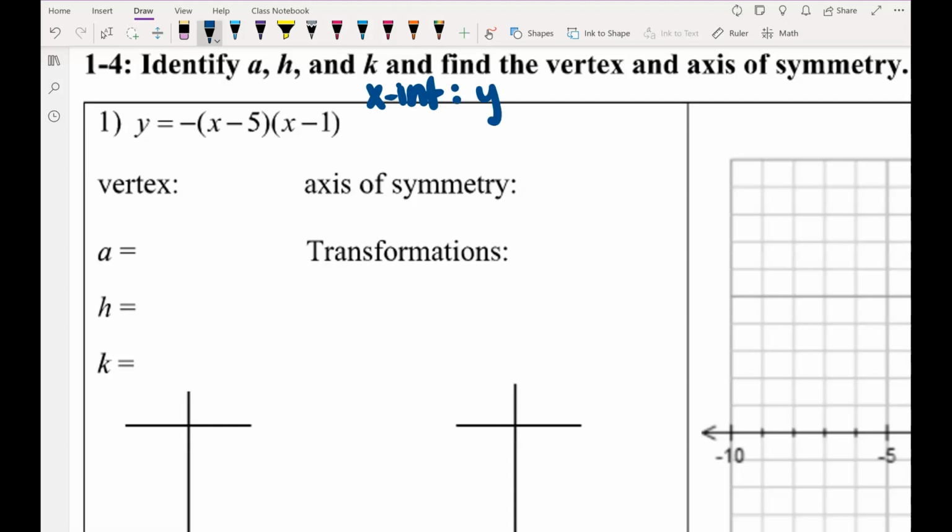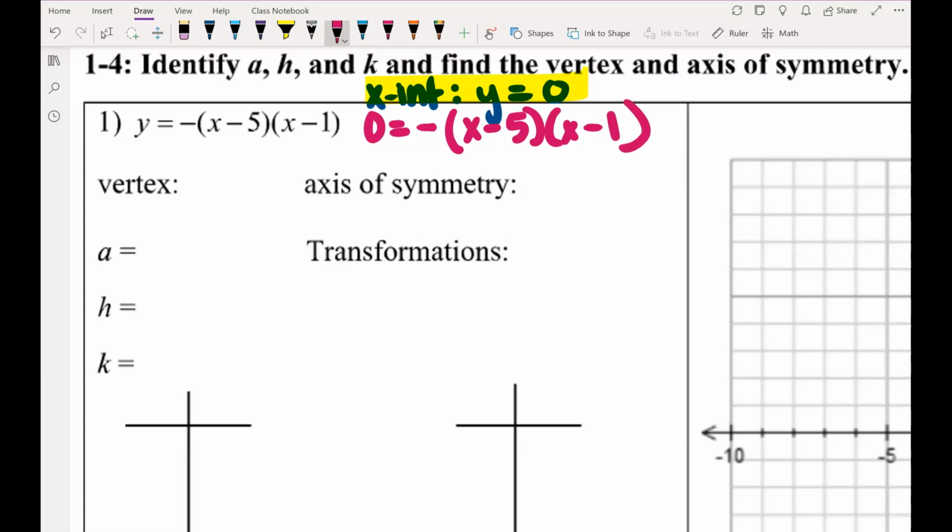So we are going to look for the x-intercepts immediately. The x-intercept is when y equals what? Cameron, y equals? Good. So we take the equation and set it equal to 0: 0 equals negative 1 times x minus 5 times x minus 1.